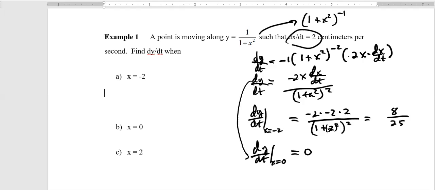It becomes 0. When x is 2, dy/dt becomes, again using this function here, -2 times 2 times another 2 over the quantity 1 plus 2 squared.